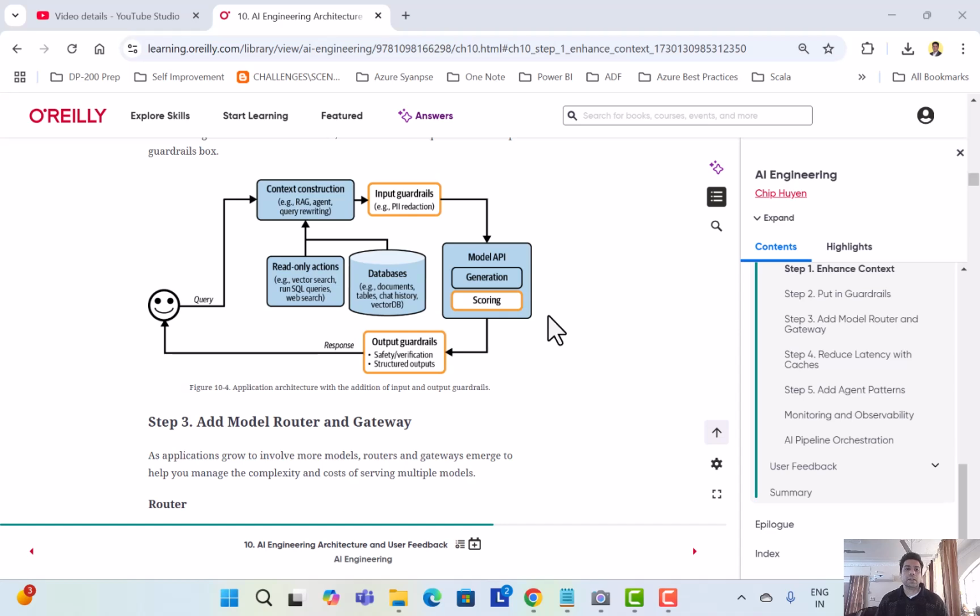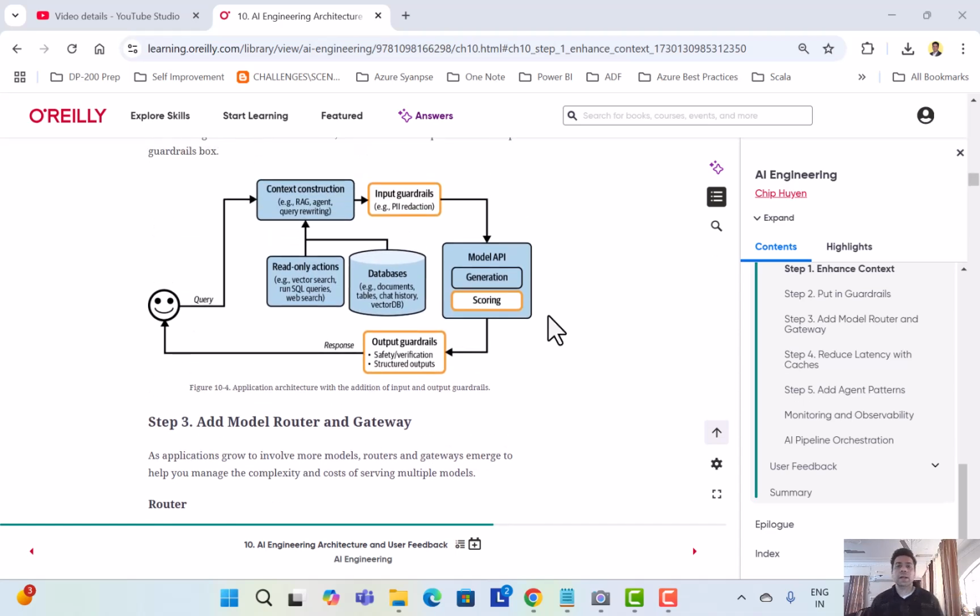The output guardrails are where you want the answers to not have any profanity, not have any biases. Biases could be there, but as far as possible, try to remove those biases, and avoid controversial answers. That is where your output guardrails come into the picture.